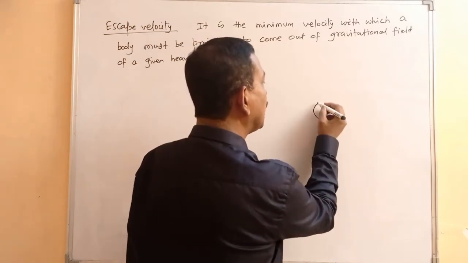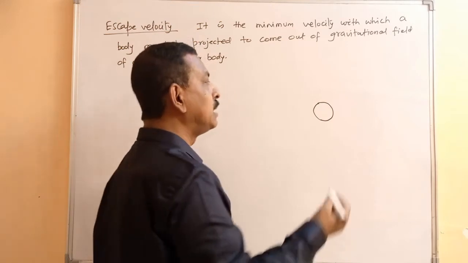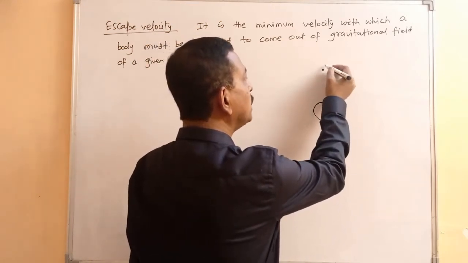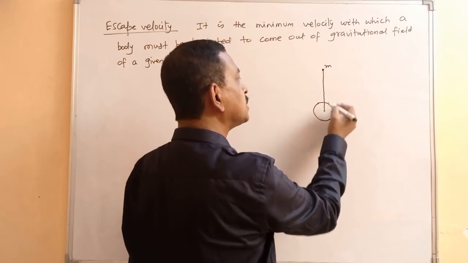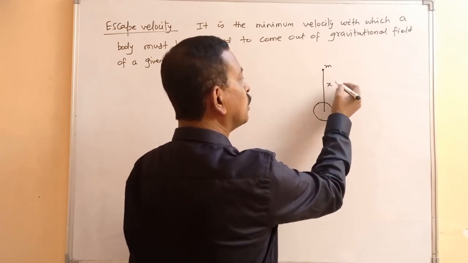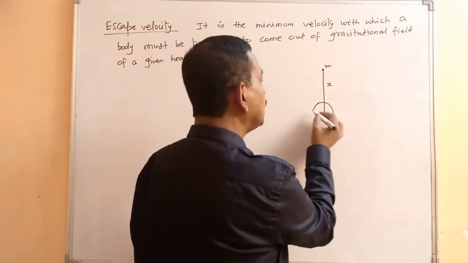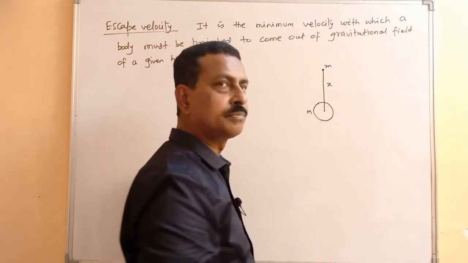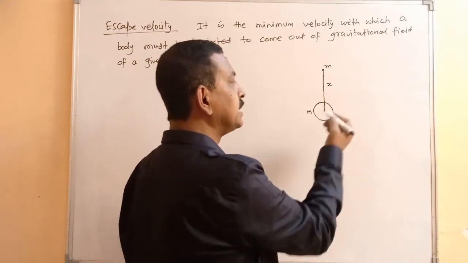Suppose here we have the heavenly body, and the given body of mass m is, at any moment, at a distance x from it. The heavenly body has a mass capital M. Say it is Earth, its mass is capital M, radius is r.